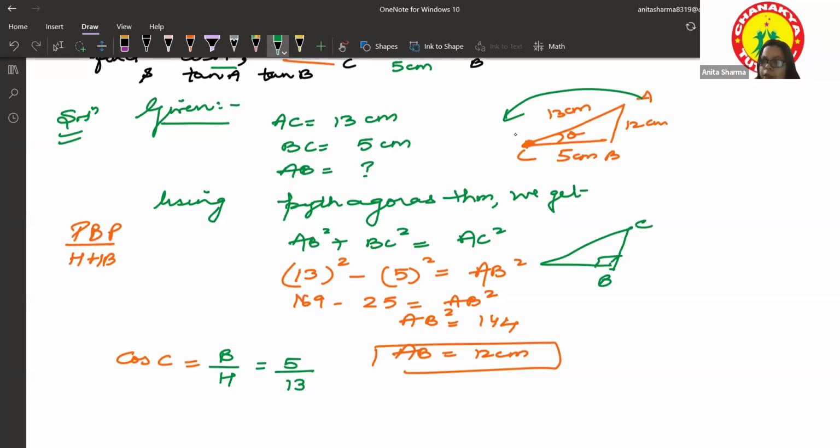And this point will now be A. So again, BC is 5 centimeter, AB is 12 centimeter, and AC is 13 centimeter. Have you understood how we have rotated it? As we have to find cos A, it means the angle adjacent to the right angle should be A only. Clear this thing?